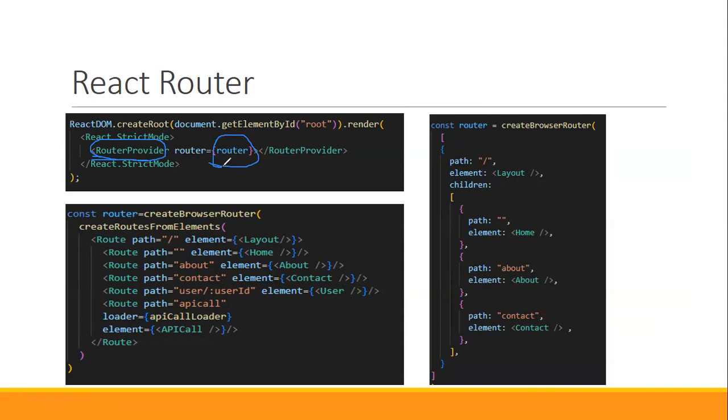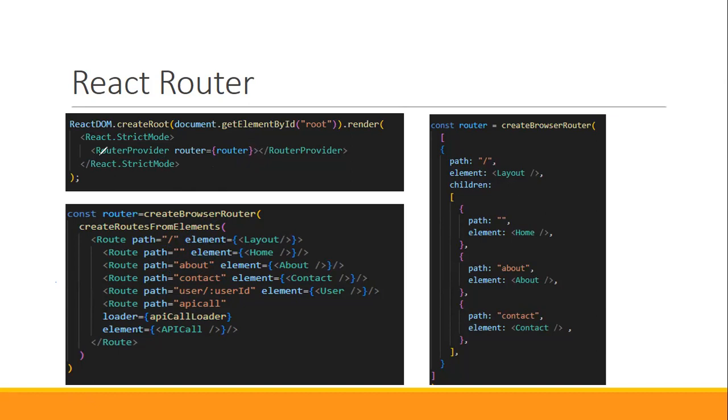It tells the React application these are the registered routes. So whenever you see a route with this particular path, then you can go ahead with the related elements or components. So first of all, we need to install React Router.